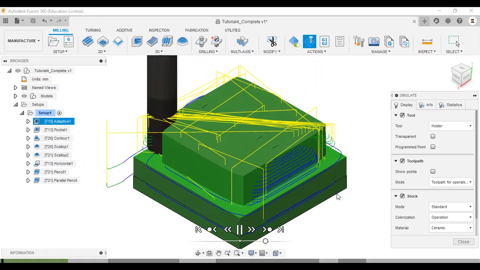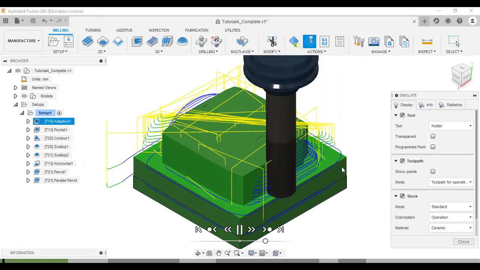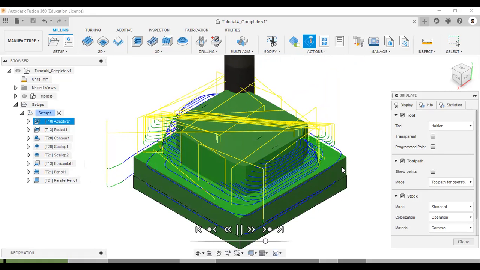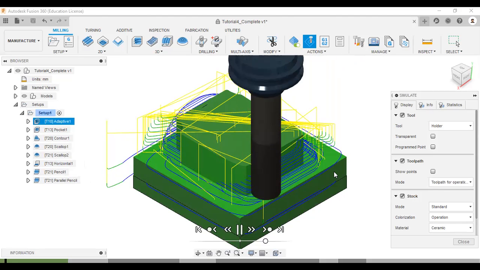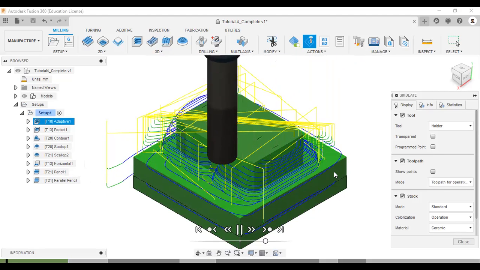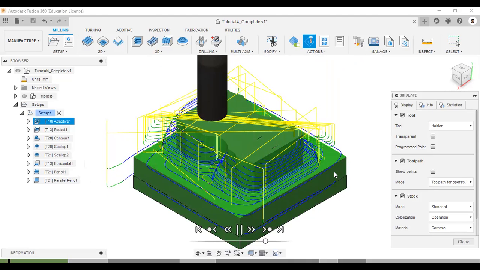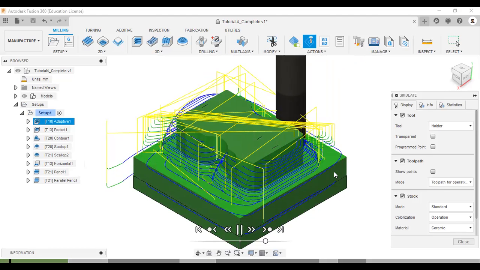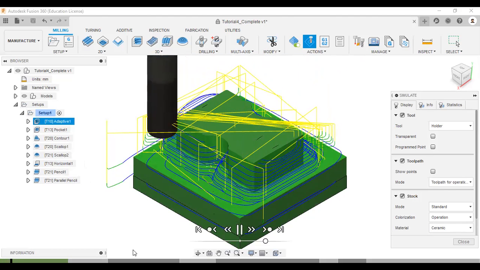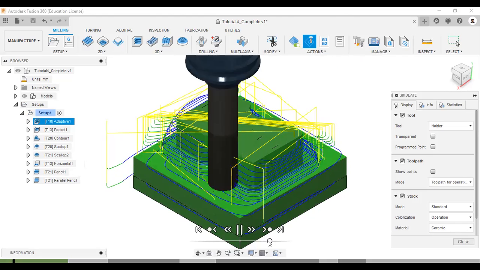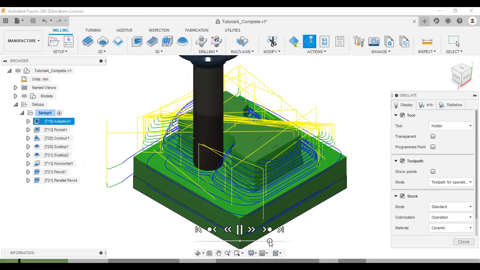The adaptive strategy. I will increase the speed. Okay.